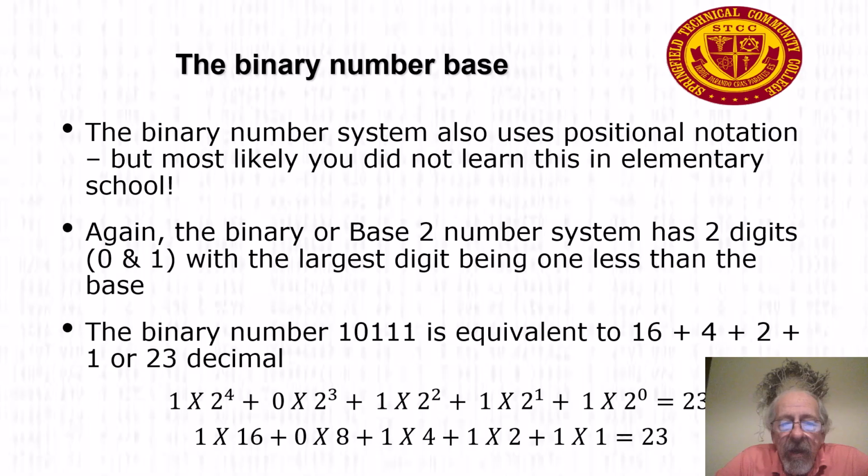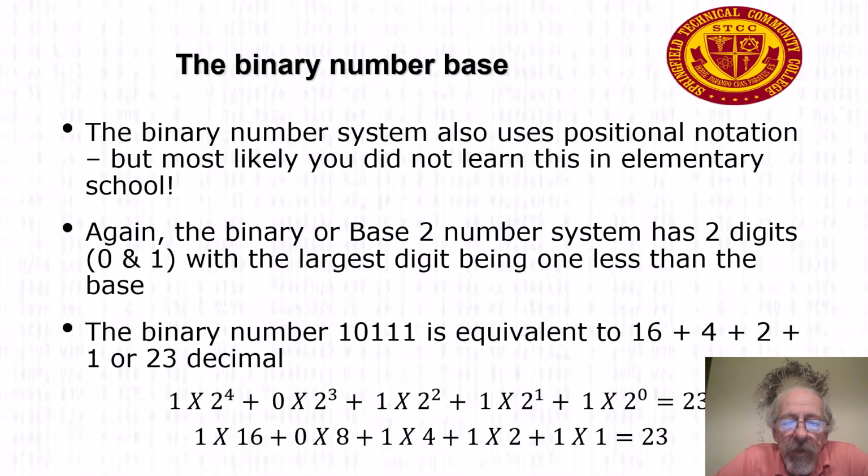So the binary number base also uses positional notation. And of course, most likely you did not learn this in elementary school. So again, the binary base 2 number system has 2 digits, 0 and 1, with the largest digit being 1 less than the base. Binary number 10111 is equivalent to 16 plus 4 plus 2 plus 1, or 23.